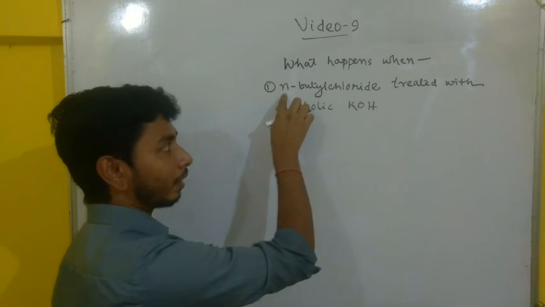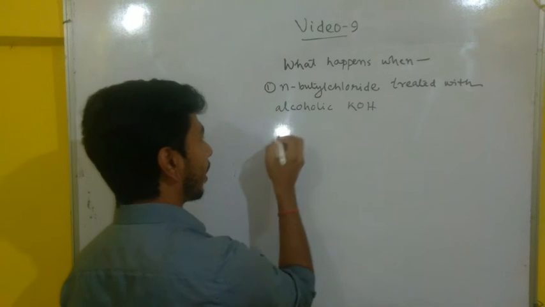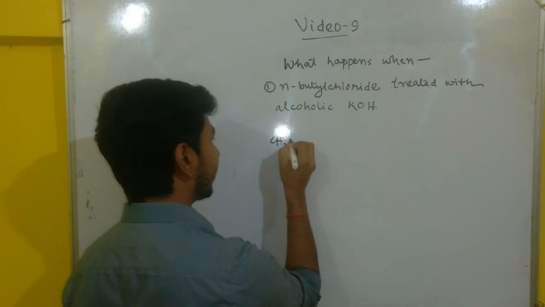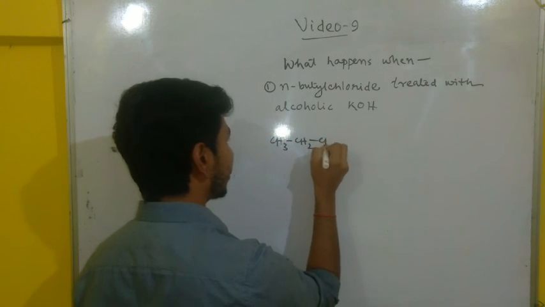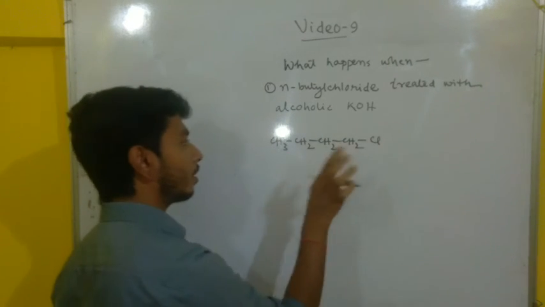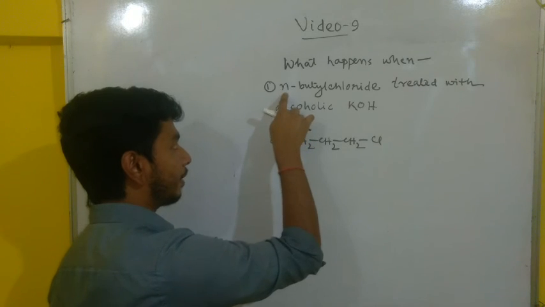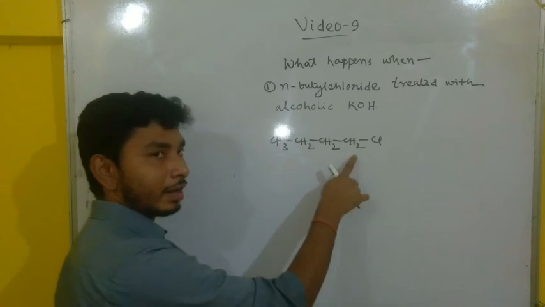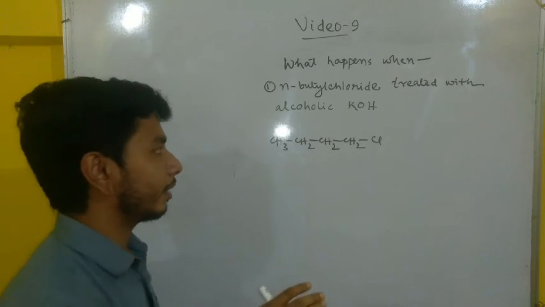N means normal, there is no branching. So butyl chloride is CH3CH2CH2CH2Cl, 4 carbons. N means it is a normal chain, there is no branching in the chain.